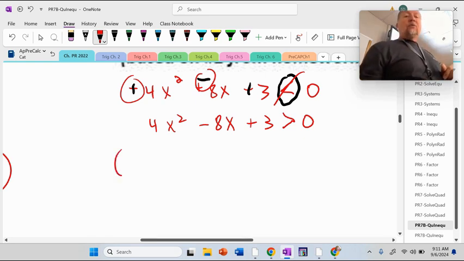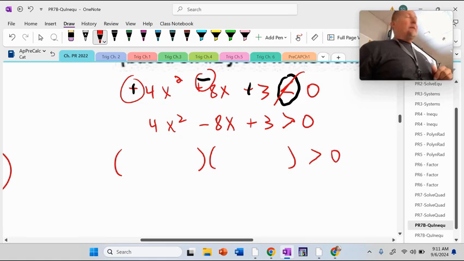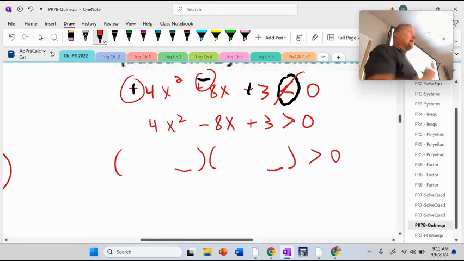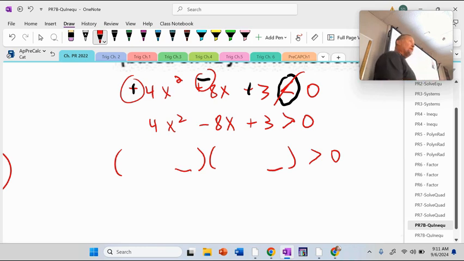Now, I told you this is as bad as maybe the factoring gets on the AP exam. The numbers are small. This makes me sad how many people can't figure this out. But I'm not saying you, I'm saying my students of the past, I hope it's not you. What multiplies to be 3? What are my only two possibilities in that blank? 1 and 3, or both of them have to be what? Negative.